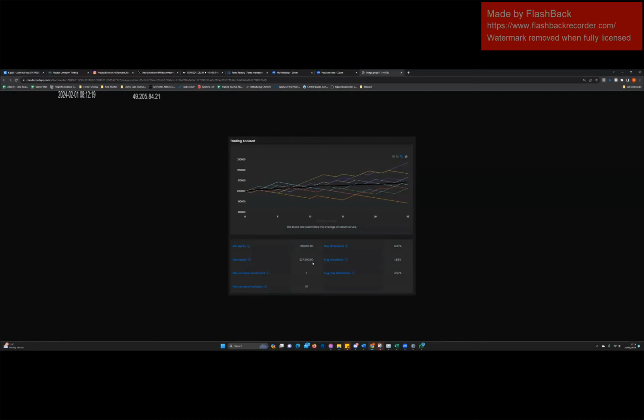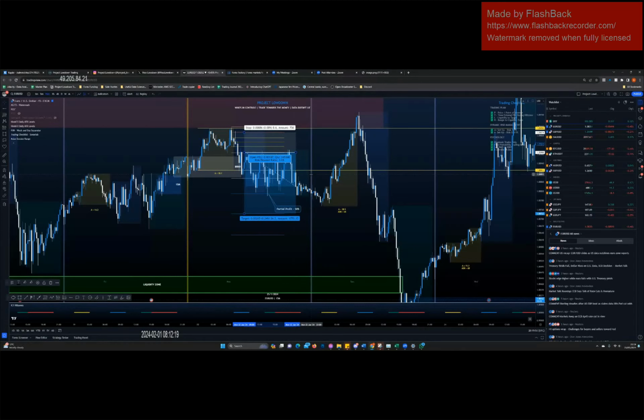But the point is to minimize drawdown because there's a psychological element that goes with being in drawdown, as we all know. But more importantly, I'm just concerned with, is the overall system profitable or not? 2.5R, 40% win rate is profitable. So ultimately, the question is, how do we adapt our profit management system? I mean, we're not going to have a 40% win rate.